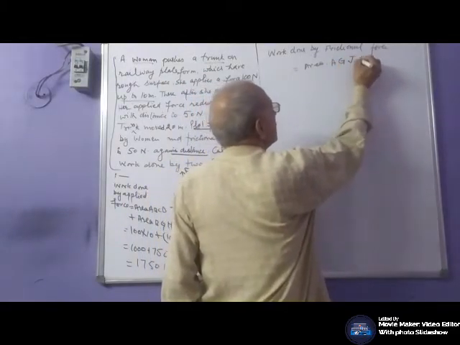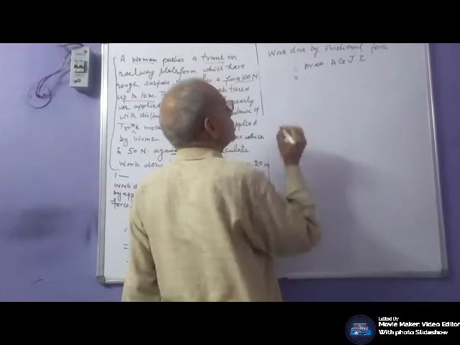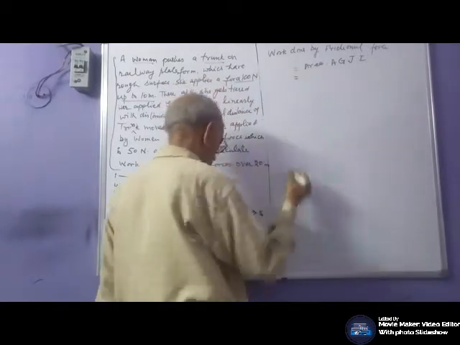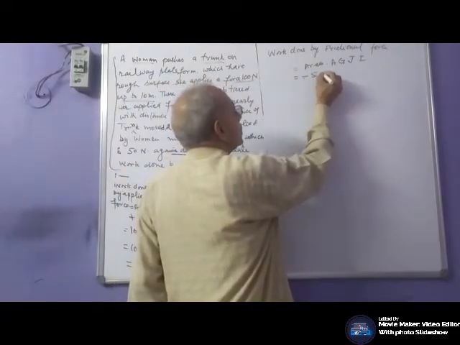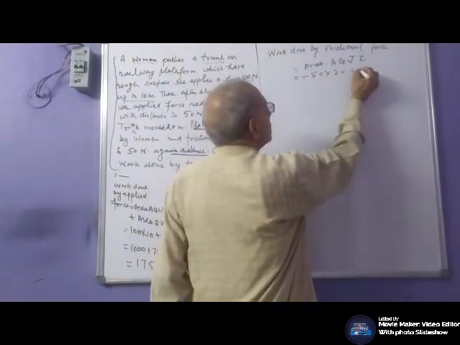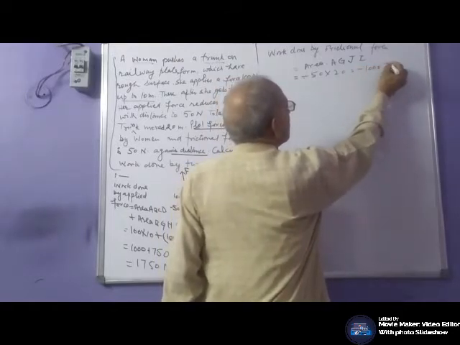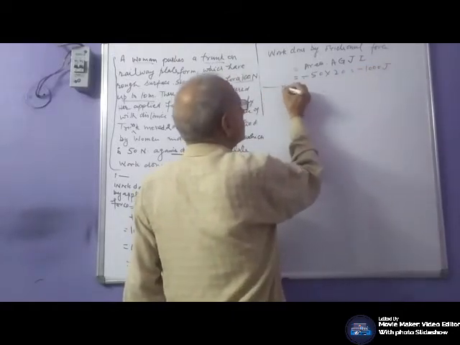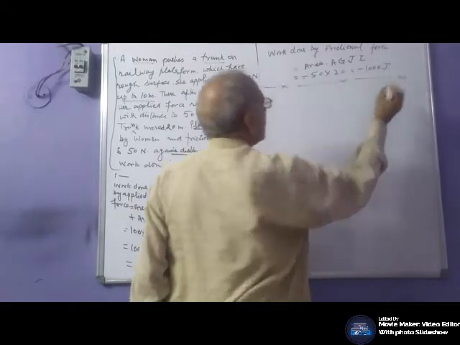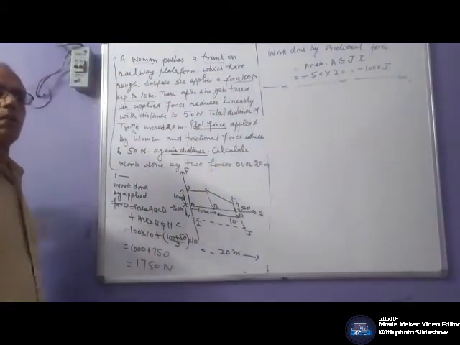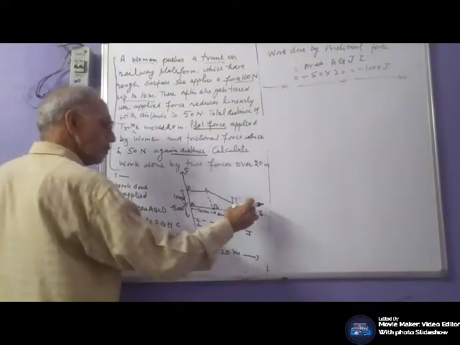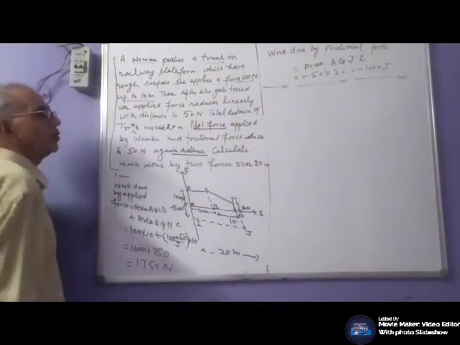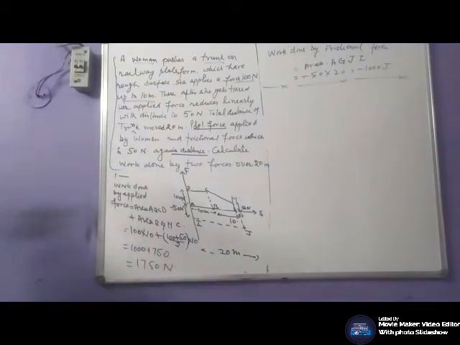It is minus 50 plus 20, so it is minus 30. Why minus? Because this is work done by friction. The displacement direction is this, and the force of friction is in the opposite direction, 180 degrees. So minus is there. So this is a numerical.